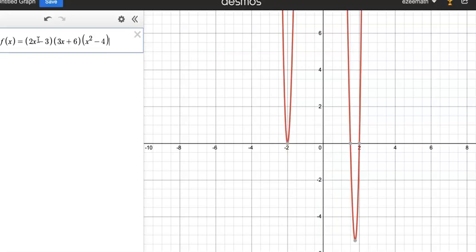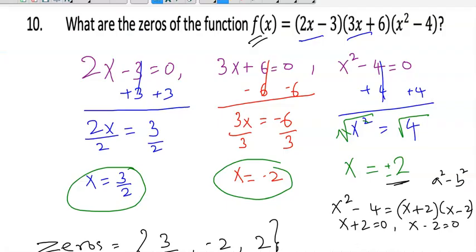Let me double check. Is it 2x minus 3, 3x plus 6, x square minus 4.